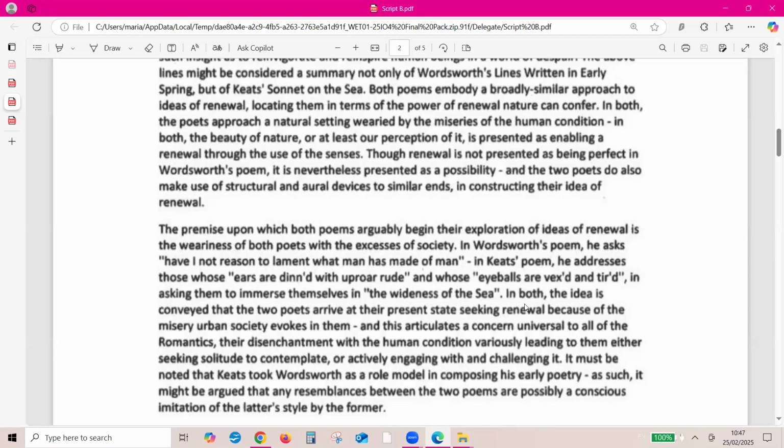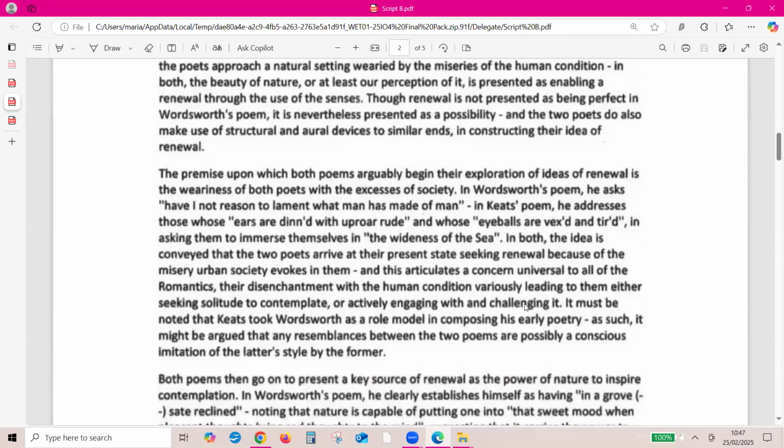The sense that they talk about the context of the urban society and this universal concern of the Romantics. So we must remember that the context point may not always look like someone clearly saying, here is a wider context. In fact, what the student is doing is making context work for their answer.